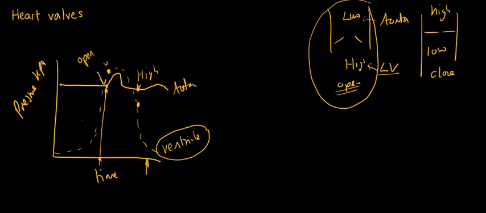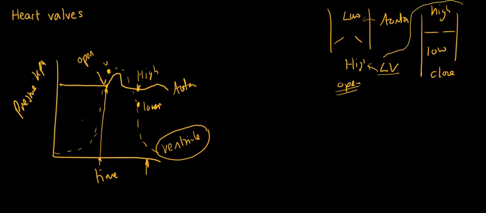So we are in this situation here with the left ventricle pressure being lower than the aorta pressure, which is higher. So the valves are going to close at this location.